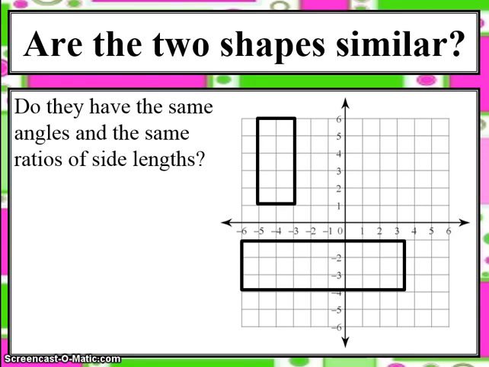Now, if you look at this example, you can see that they are similar to each other because they both have right angles. However, one has been rotated, so when we go to write our ratios, we're going to have to be careful that we're actually comparing the same parts of the triangle.